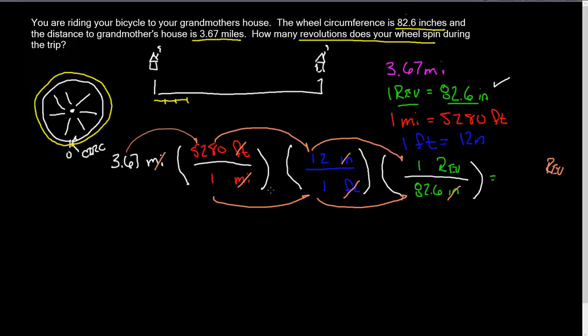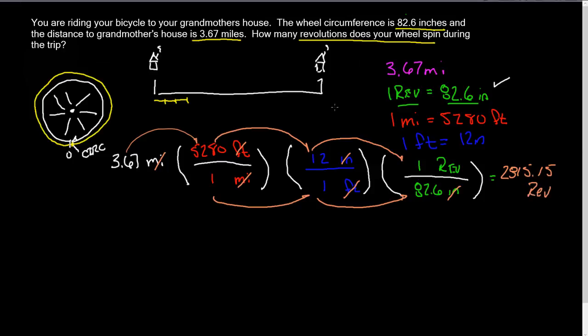So 3.67 times 5,280 times 12 divided by 82.6. And I end up with 2,815.15 revolutions.